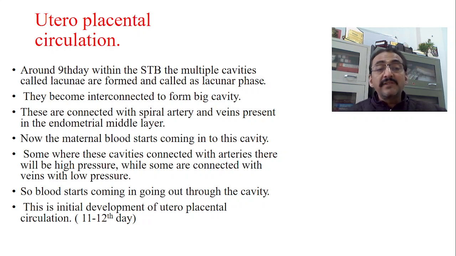So now the blood starts coming in and going out through this cavity because of the pressure. Okay, so this initial development which is happening almost all in the 11th or 12th day, that is called as uteroplacental circulation. So this happens on 11th or 12th day.